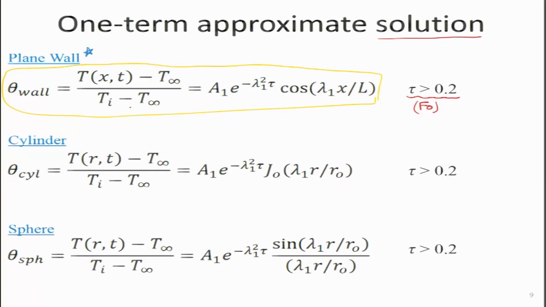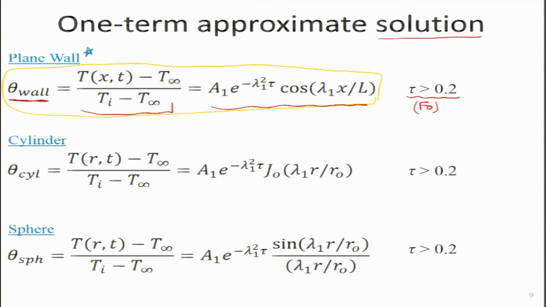Essentially it is telling us that after a particular number of seconds, which instead of giving the second value is given in non-dimensionalized form, when tau is sufficiently large, greater than 0.2, then in order to find the theta of the wall, meaning the non-dimensionalized temperature of the wall, which is simply this particular ratio, it is given by this particular expression.